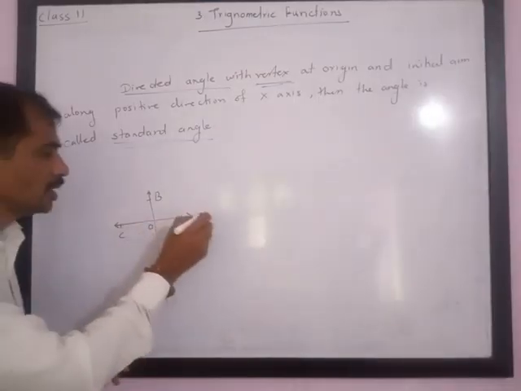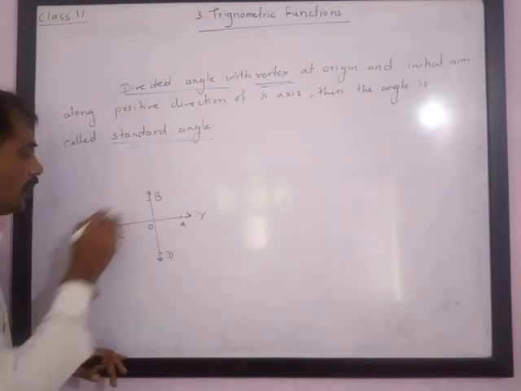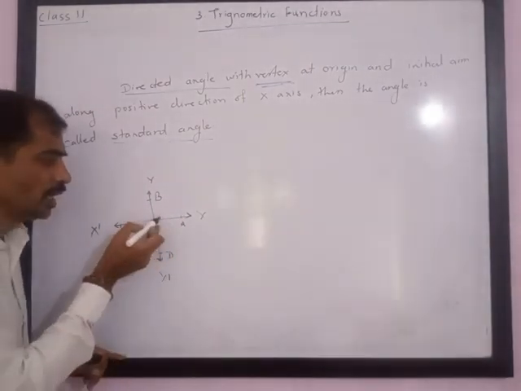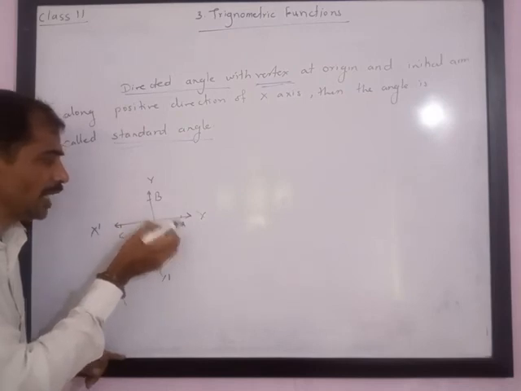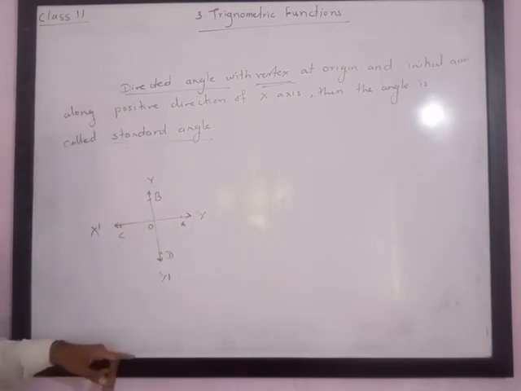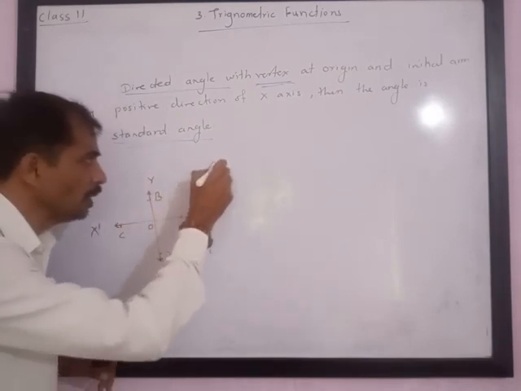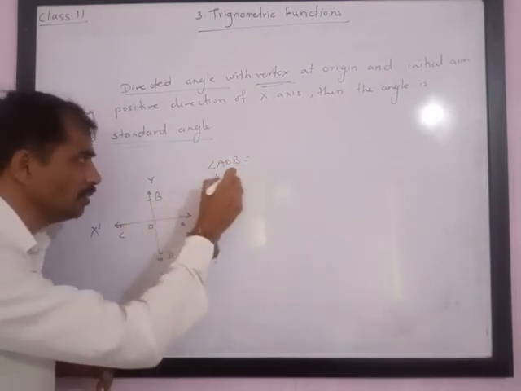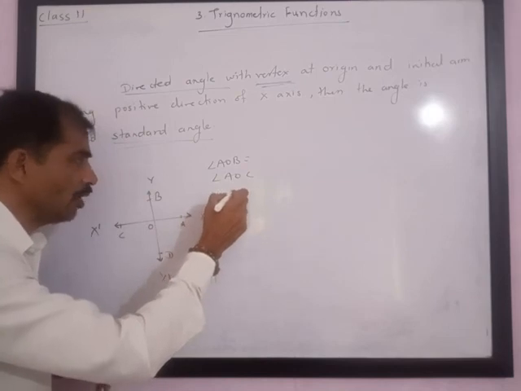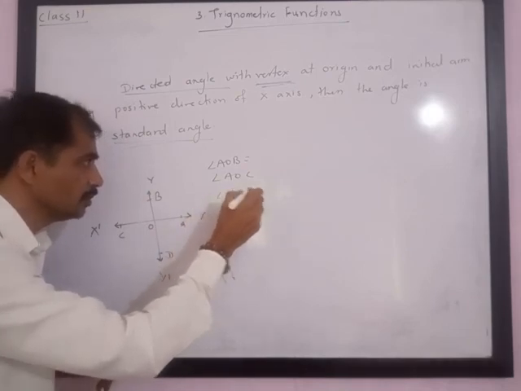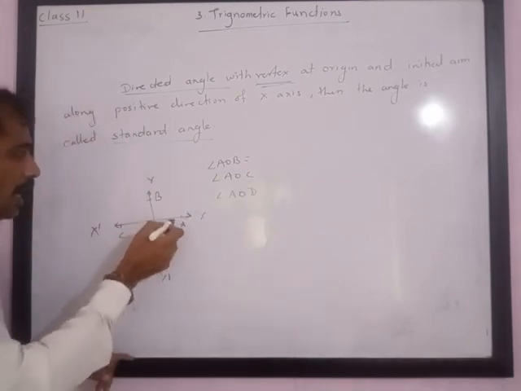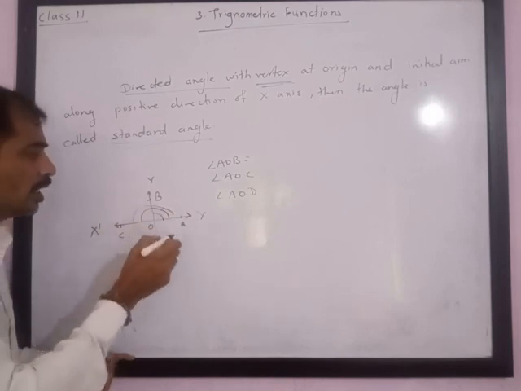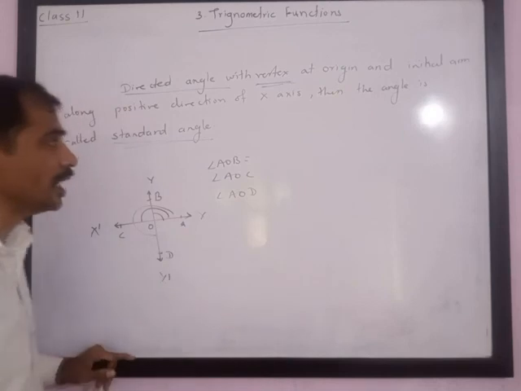Here this is the x-axis and this is the y-axis. Please note, points A, B, C, D are along the axis. So angle AOB, angle AOC, angle AOD are called quadrantal angles.